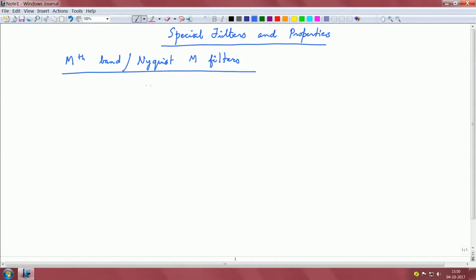So, the motivation to Nyquist M filters stems from polyphase decomposition.